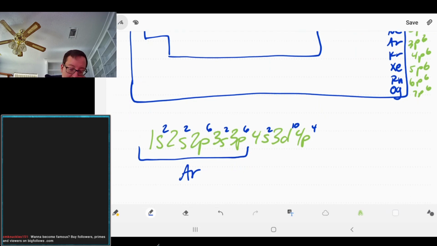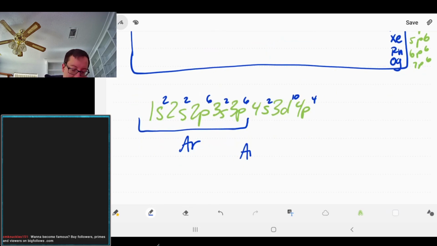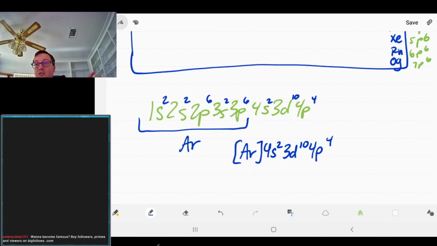And so we can say this configuration would be argon's configuration. And then we're going to add our extra other stuff. We know argon is everything up until 3p, everything filled. So let's just say argon's configuration plus the rest of the stuff.